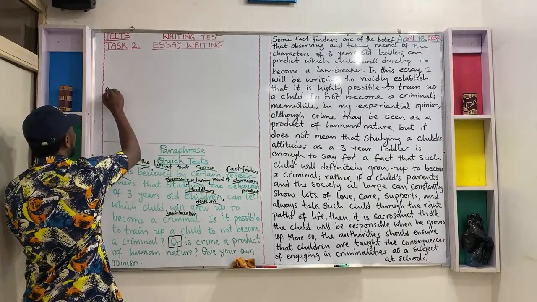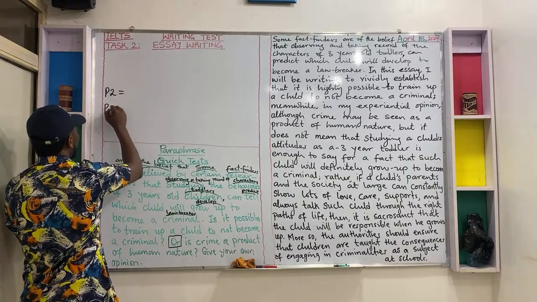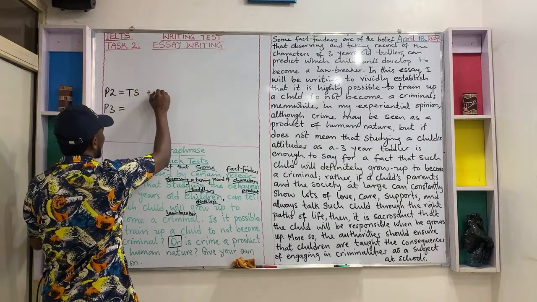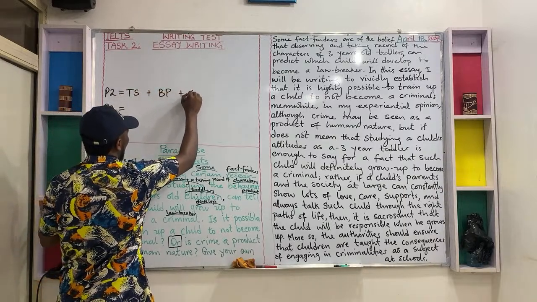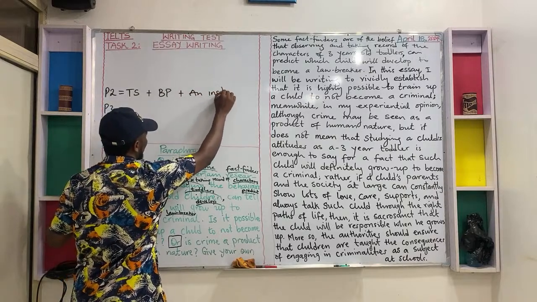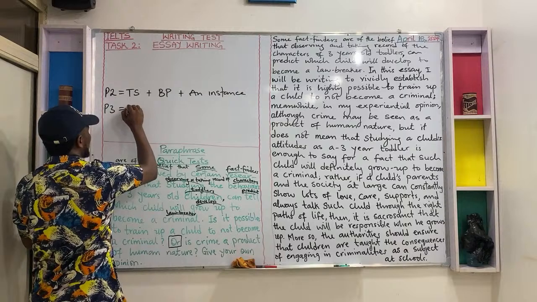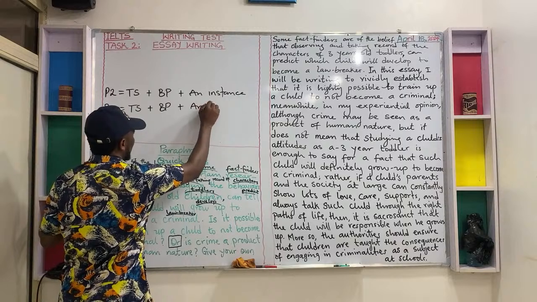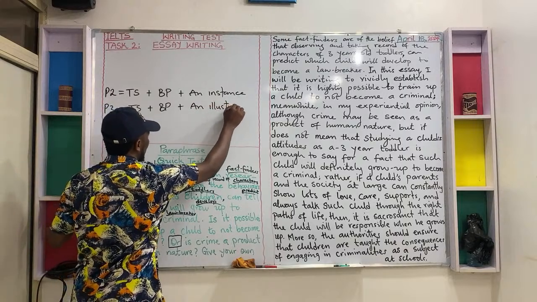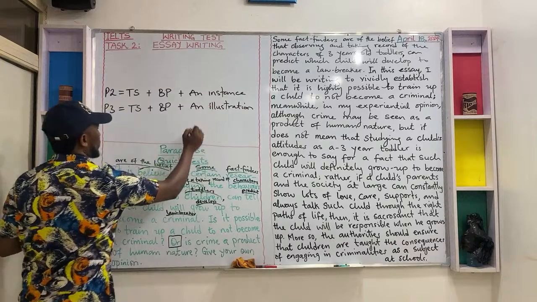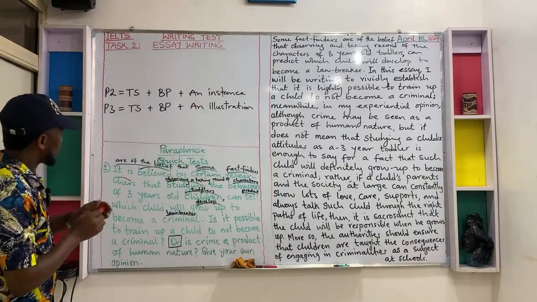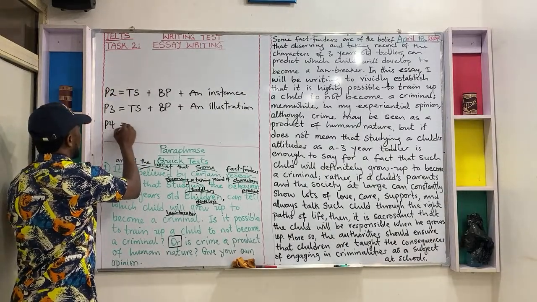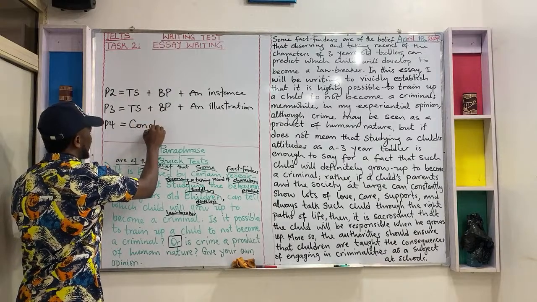Remember, P2 and P3 were just about topic sentence, body paragraph, and an instance, right? The same thing right here. So this TS means topic sentence. This BP means body paragraph.